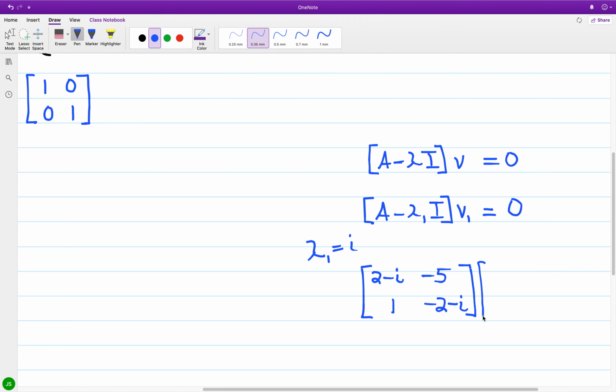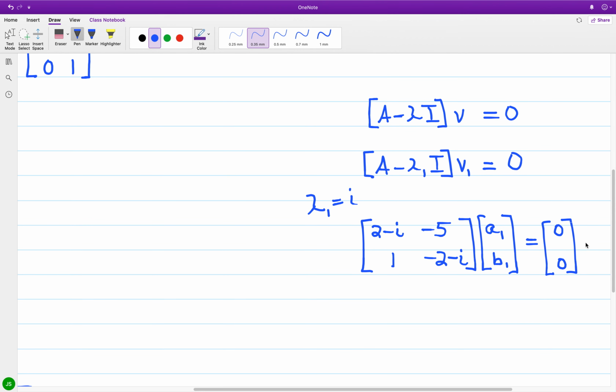And for the first eigenvector, we'll have the general coefficients: a of 1, b of 1, and zeros throughout.